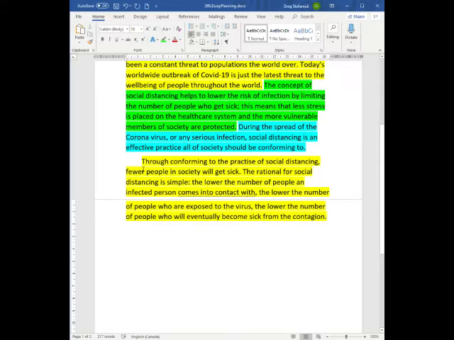Good enough? A few pointers for your introduction sentence. Through conforming to the practice of it, many students make that mistake. They throw proforms, it and this and that and these, into the opening sentence of a new paragraph, and that is garbage.